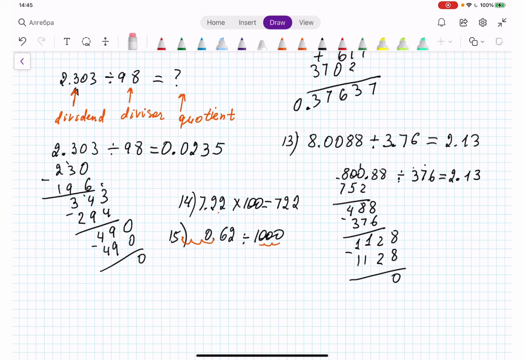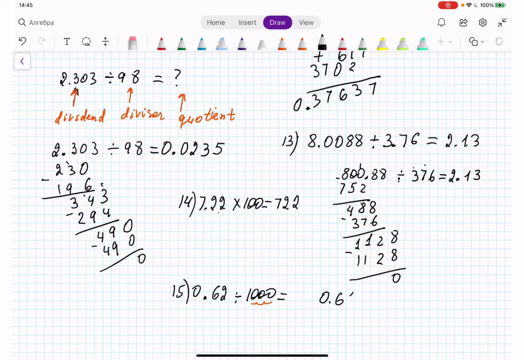Okay, hold on. I'll do it this way. So this is going to be equal to 0.62, and since there are 3 zeros, I'm moving by 3 positions: 1, 2, and 3. Every position we fill up with 0 and the point, so another 0 for each of the 3 positions.